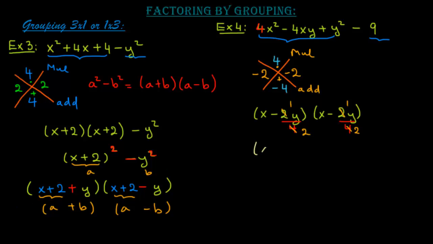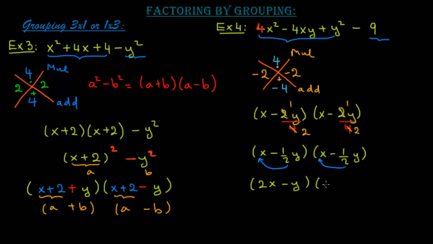So we have x minus 1/2 y times x minus 1/2 y. And we don't like fractions, so what I'm going to do is move my denominator in front. So we will have 2x minus y times 2x minus y.